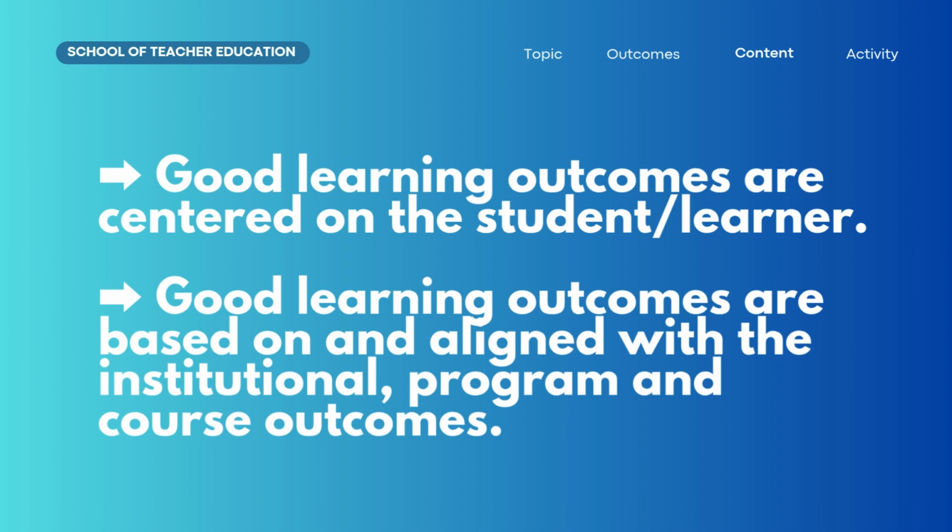That is because the outcome will be done by the student and not by the teacher. The teacher should only facilitate the production of learning, but it should be student centered.